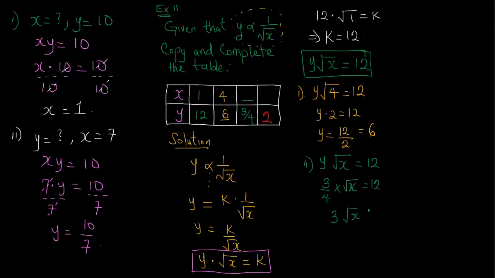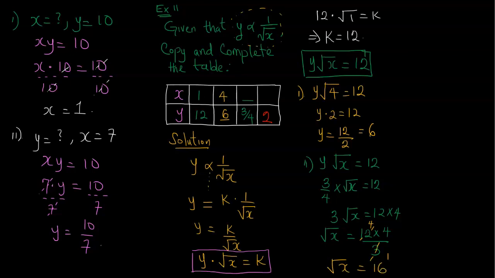So I've got a 4 underneath here equals 12 times 4. I can divide both sides by 3. This is going to be 12 times 4 divided by 3, because dividing the left by 3, 3 is just going to cancel 3. So 3 here 1, 3 in 12 is 4. So I have that root x equals 4 times 4, that's 16.